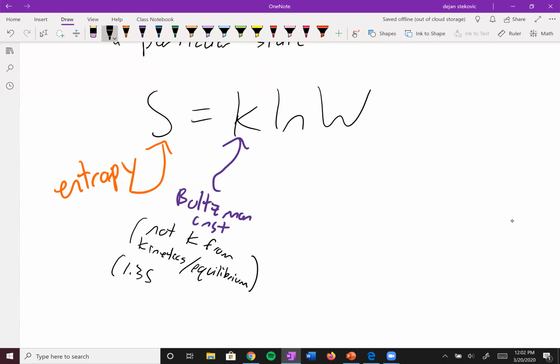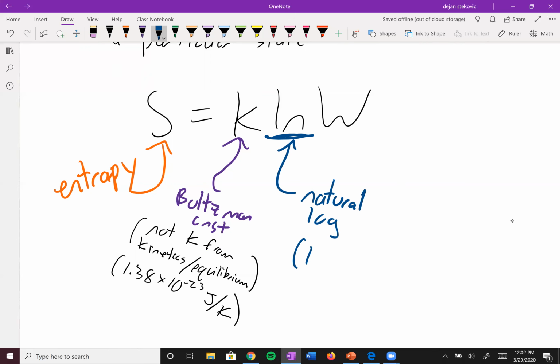It has a value of 1.38 times 10 to the negative 23 joules per Kelvin. You can check out your book for how they derive that. This ln is a math thing. It's the natural log, so it's log base e. Again, you can look in your math textbook or in your chemistry textbook, and it'll explain it more in depth.